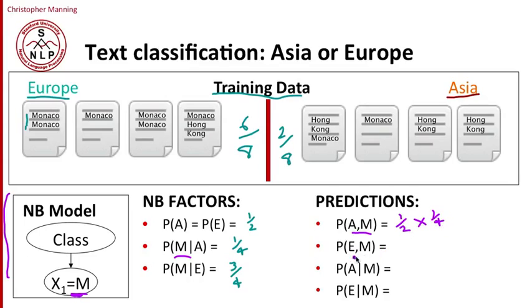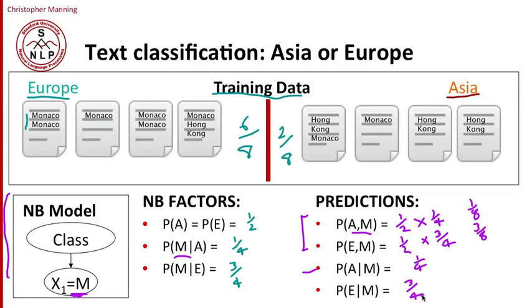The joint probability of Europe and Monaco is the prior, a half, times 3/4. To work out the posterior probabilities, we take each of these terms divided by the sum of the 2 to normalize it. So we have 1/8 and 3/8, which gives us 1/4 for Asia. For Europe we take 3/8 over 3/8 plus 1/8, which simplifies to 3/4.